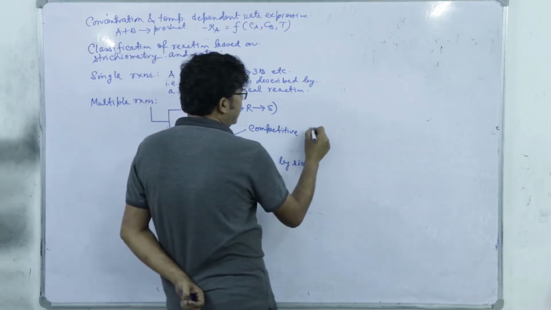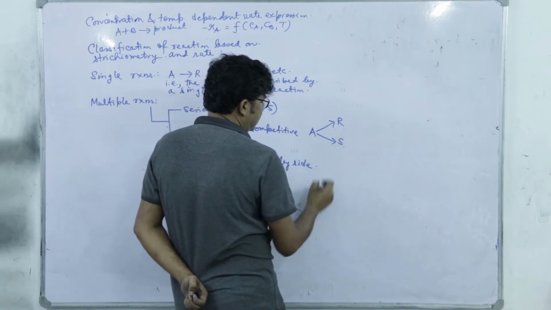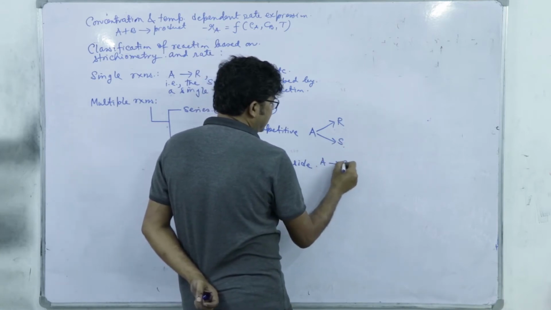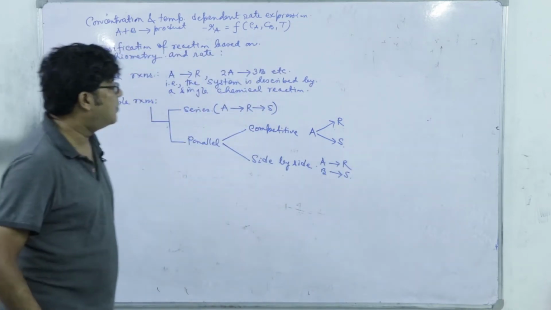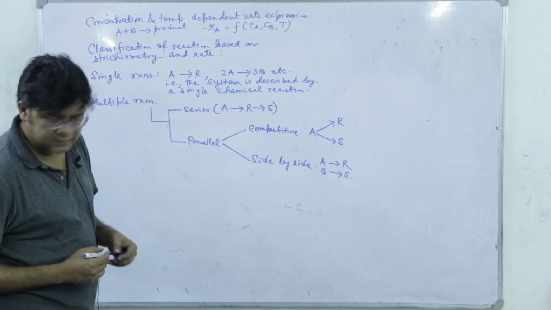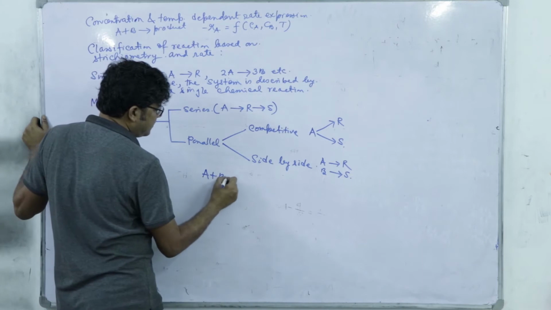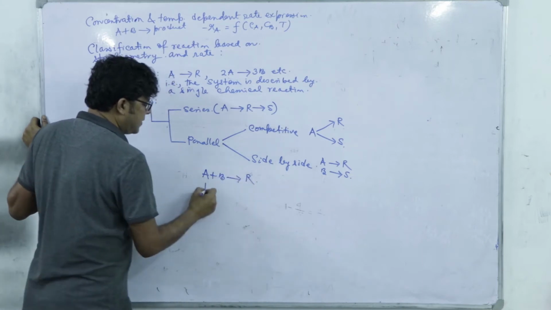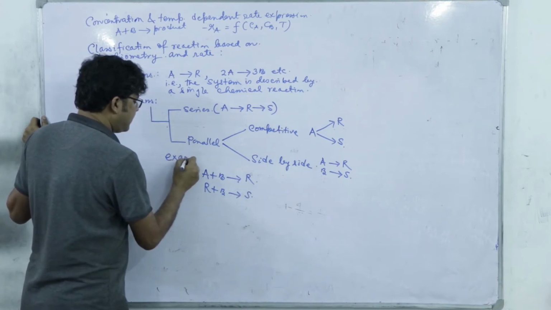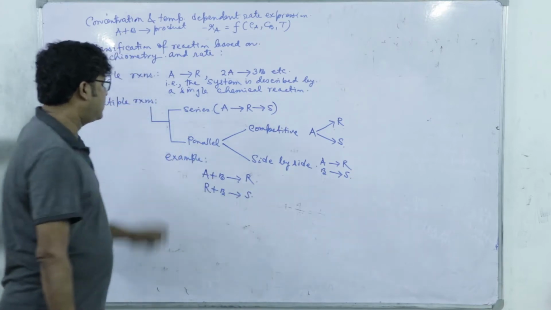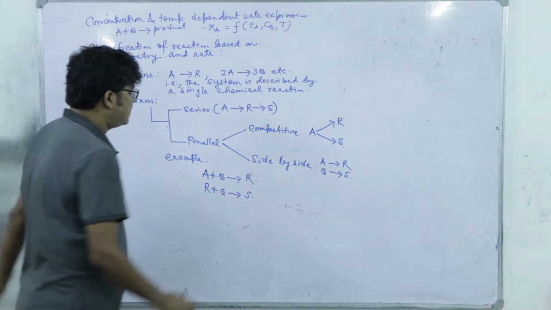So, competitive parallel means there are two parallel pathways from A giving R and S, and side by side is A giving R, B giving S. So, this is also a parallel reaction, but it is non-competitive, rather it is side by side. Now, if I write A plus B giving R, R plus B giving S, for example, right. So, this reaction is in series with respect to A, R and S.